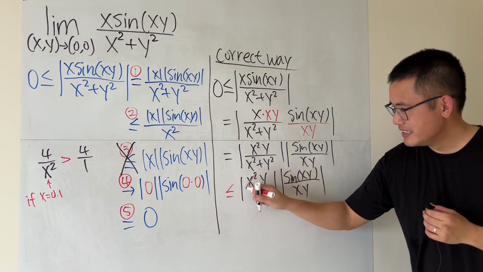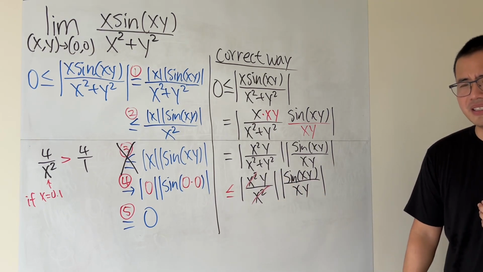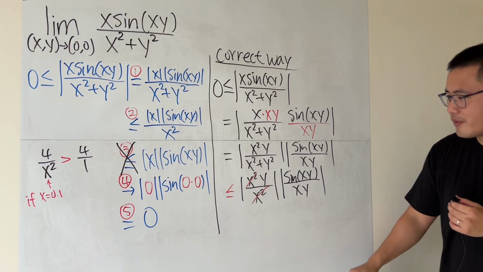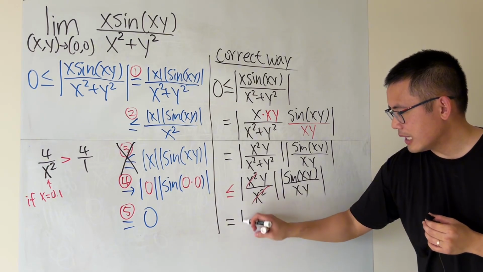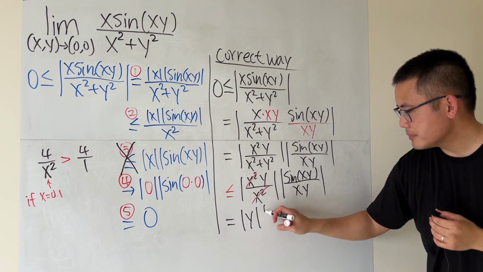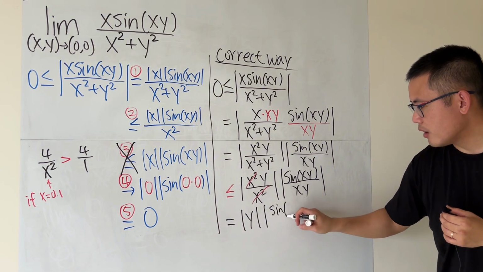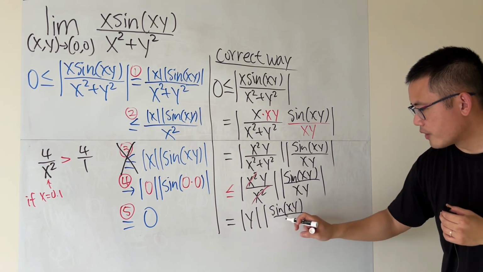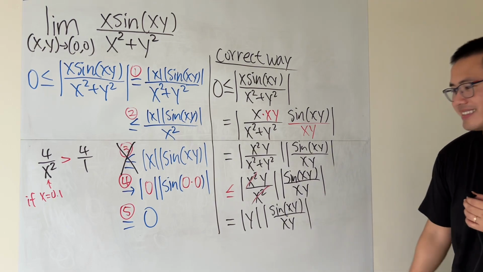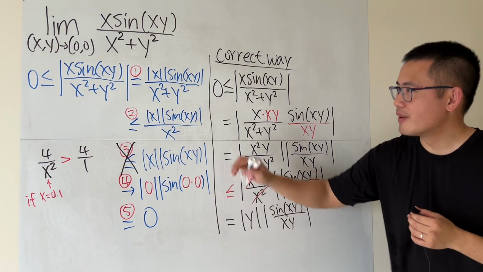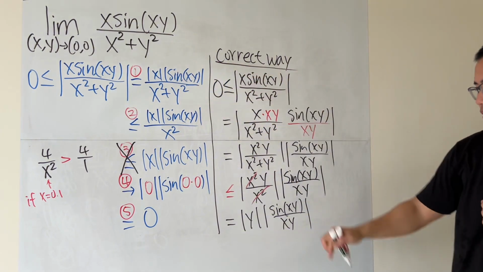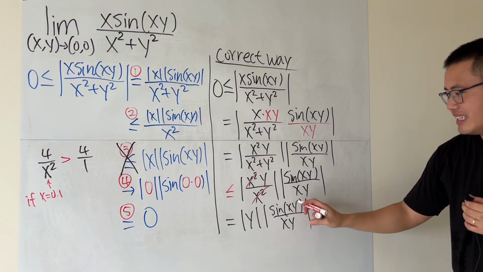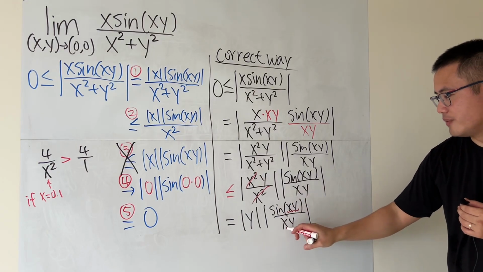Now check this out, this and that cancel very nicely, isn't it? So of course, this is equal to the absolute value of y times the absolute value of sine of xy over xy. Now, remember xy is approaching 0, 0, and this is what? Look at xy as a new variable.